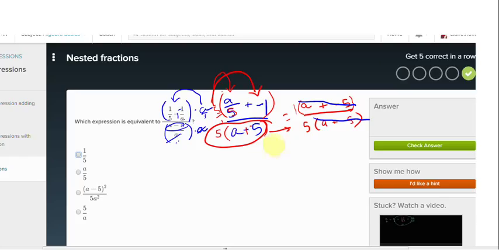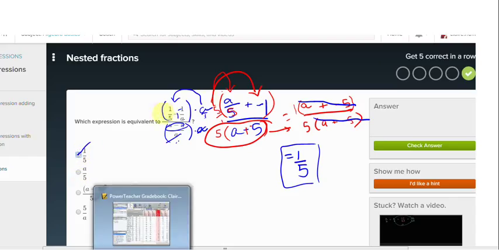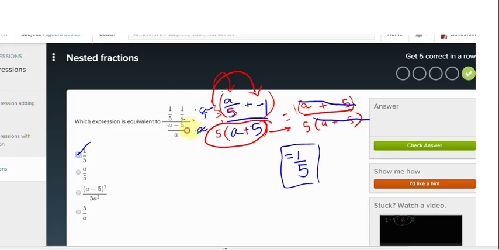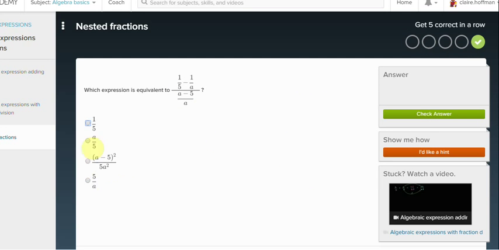And I'm just left with 1 over 5. Kind of crazy. All of this craziness was just 1/5. This was just a really big way to write 1/5. Can make things very, very simple.